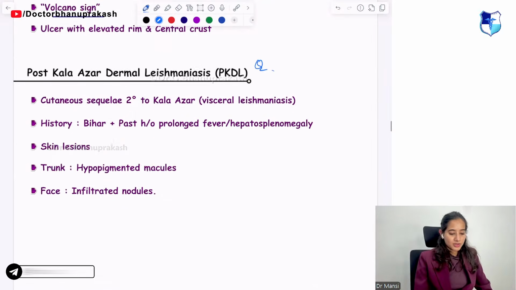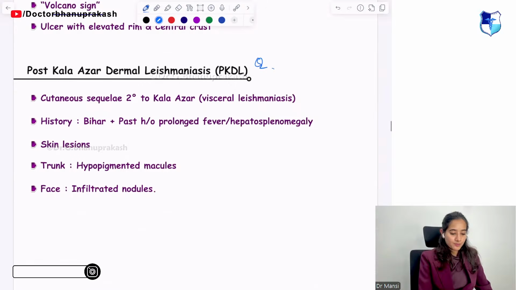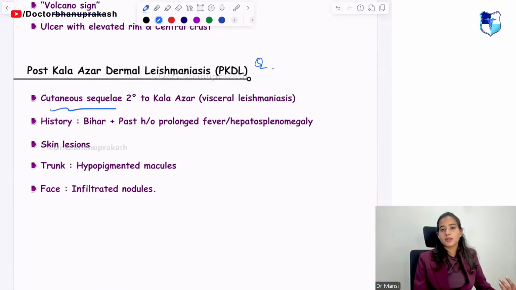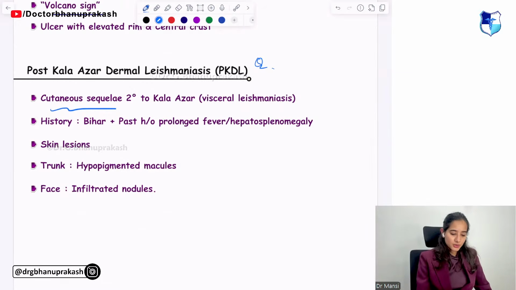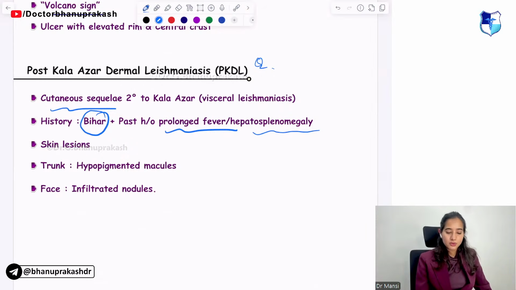Then your post Kala Azar dermal leishmaniasis, which is the cutaneous sequel secondary to Kala Azar. After Kala Azar happens, after some time cutaneous manifestations can be seen. In the history, you will see a patient probably from Bihar, because it's more prevalent there. There will be a history of prolonged fever pointing towards Kala Azar infection, and hepatosplenomegaly, which happened in the past. When you take a good history, you will find it out.